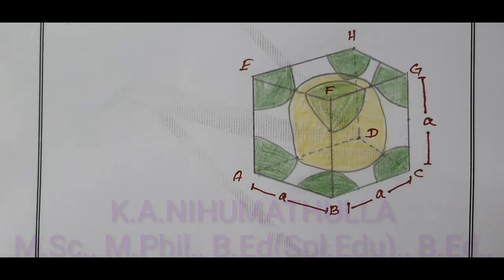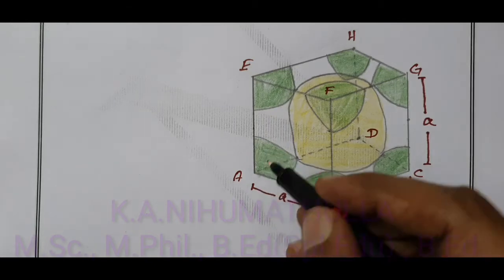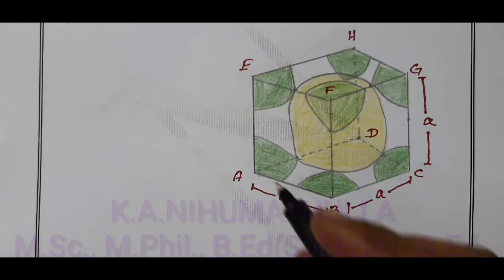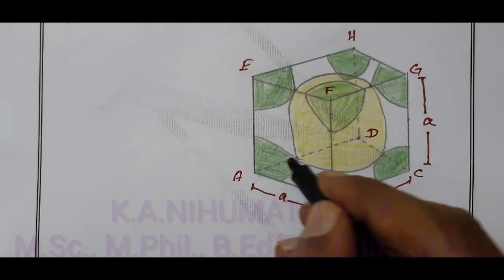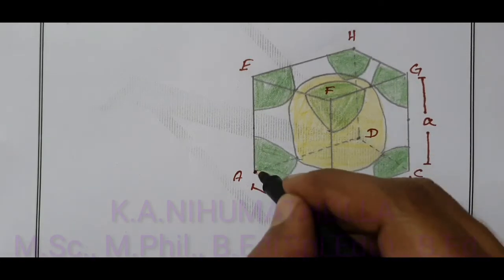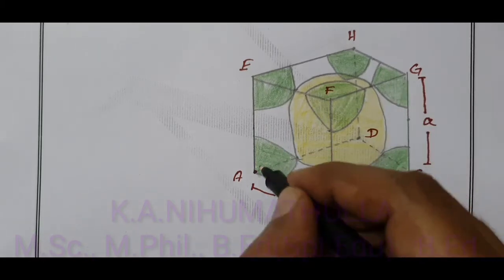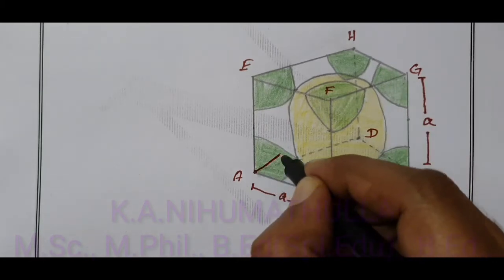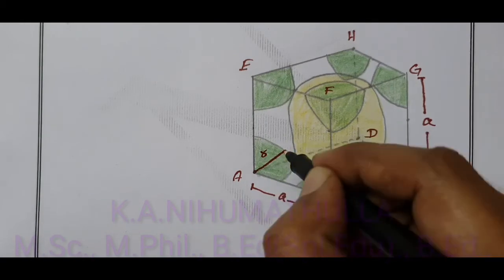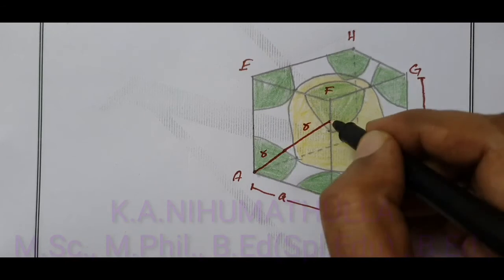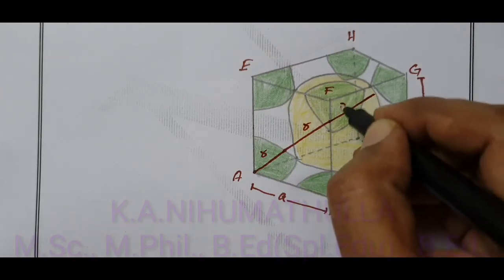Now, I am going to draw a separate line. That line passes through the body centered atom. Here you have one semisphere. Starting from this, if I draw the diagonal line to form a triangle, this line passes through the semisphere of radius r. Then the body centered atom, one radius is over, another radius is over.